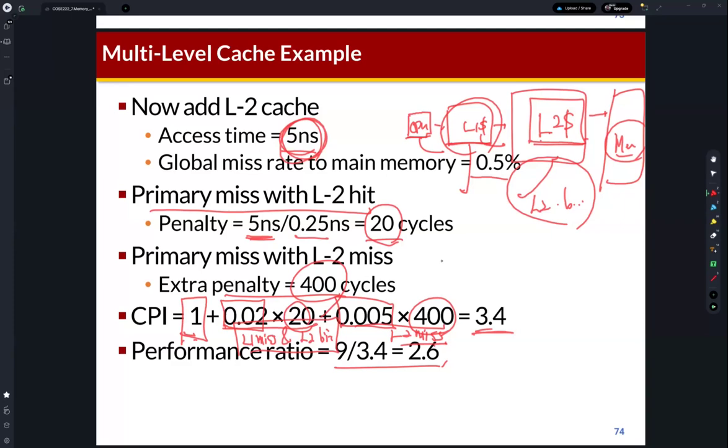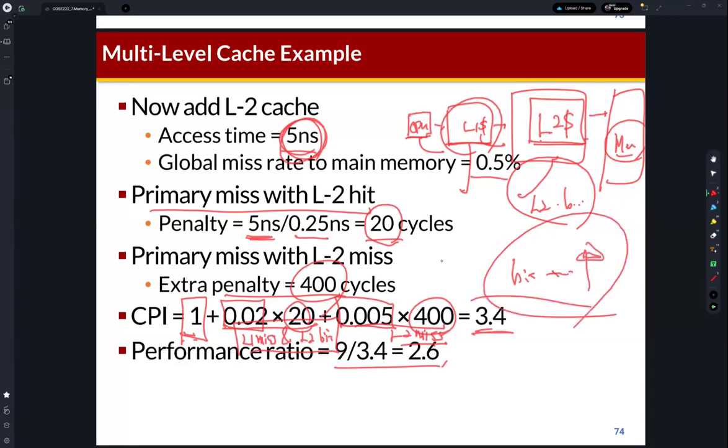Which means the hit time is increased, right? So if we use a larger L1 cache, what's the problem? Hit time will be increased.